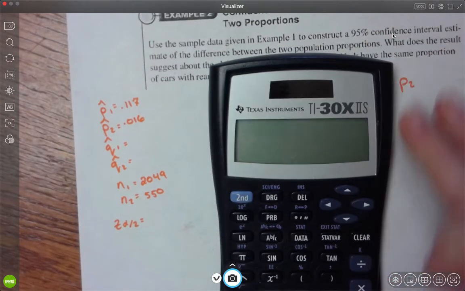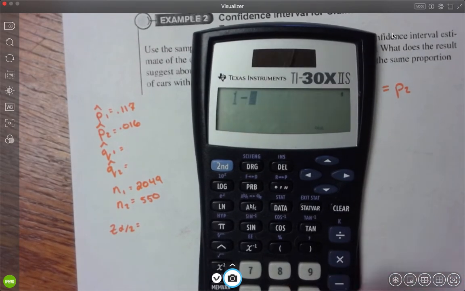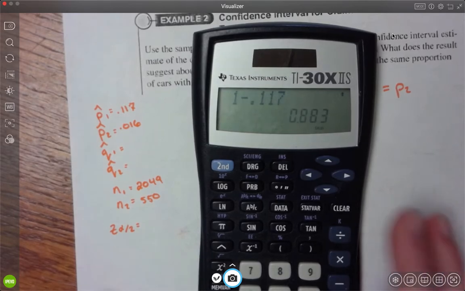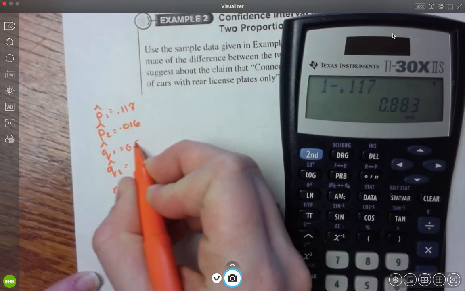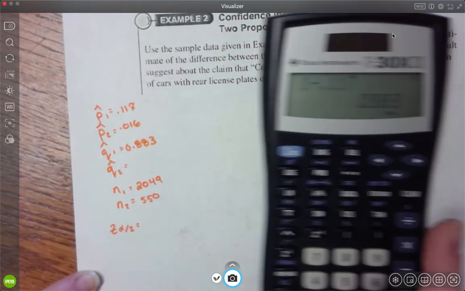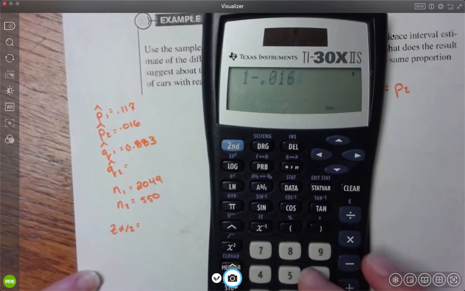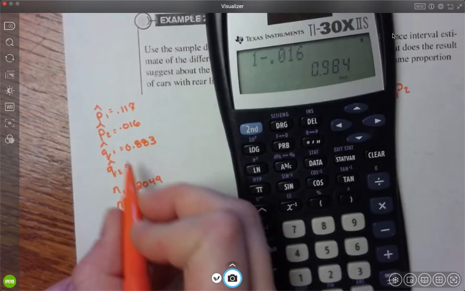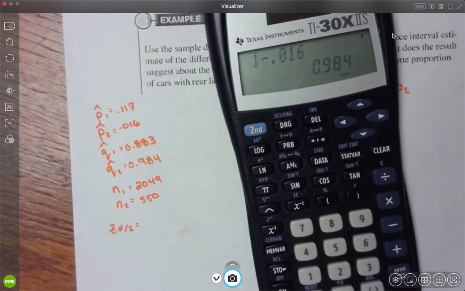We can figure those out pretty easy. 1 minus 0.117 is 0.883, which is Q hat 1. I can do the same thing with 0.016 for my Q hat 2, and that's 0.984.